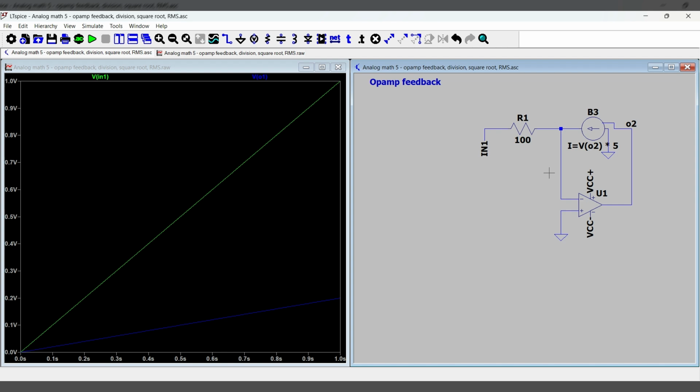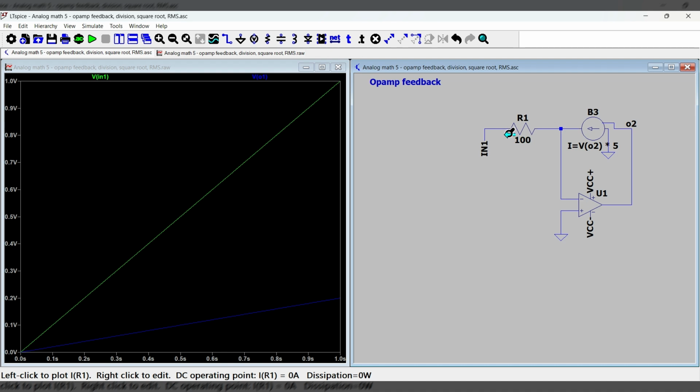So in this case, we have I equals the output voltage times 5, which means the output voltage is the current divided by 5, right, across this op amp. And the current we can set by the input circuit because it's grounded.